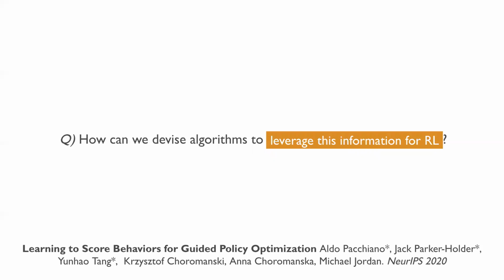Can I ask a question before you move? So how do you find the embedding phi? Right now we define the embedding to be a bunch of different things that we think could be useful. But ideally, you would want to actually learn the embedding itself. We haven't done that. That's a very good question.